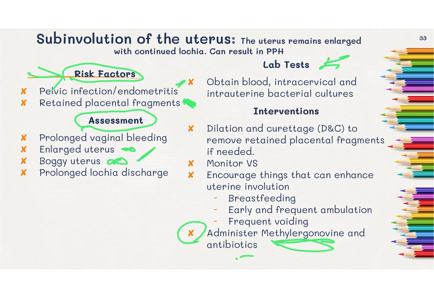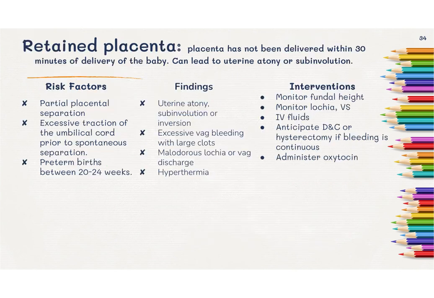They're going to put them up in the stirrups, which is a lithotomy position, and use tools to go in and get whatever is left inside the uterus out. They might just be able to reach it and grab it. That's ideal too. But if not, there are sterile tools they can use to go in and get whatever's left inside.